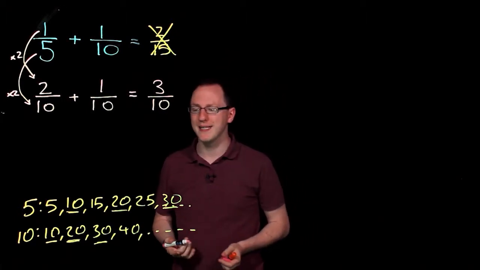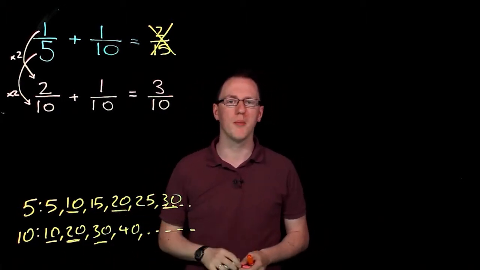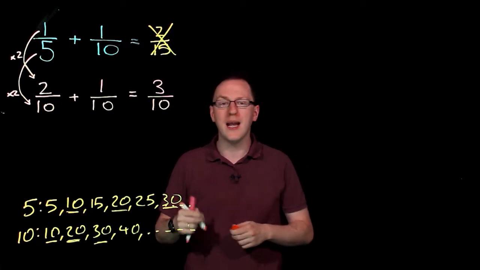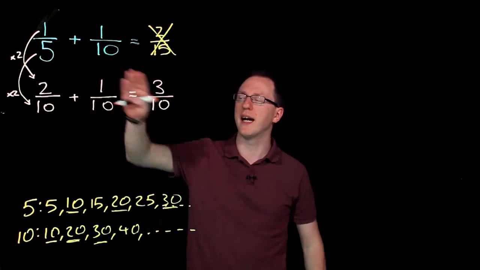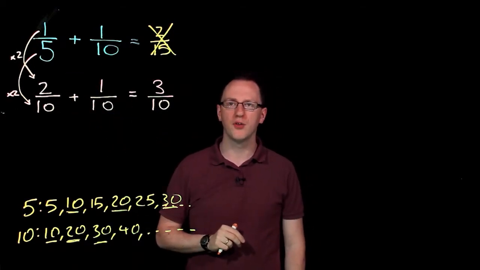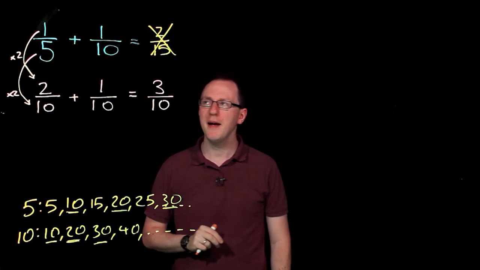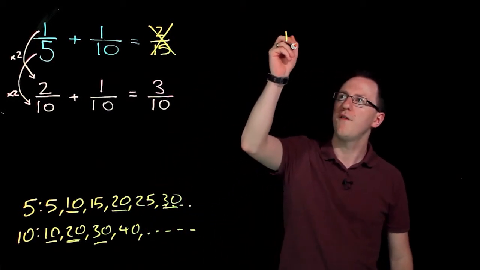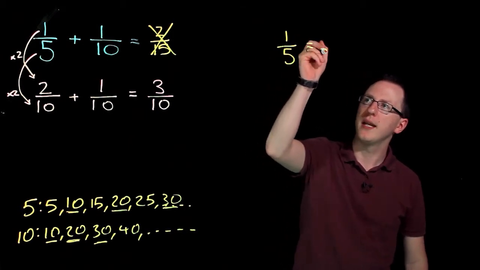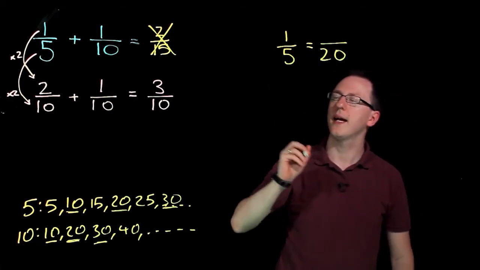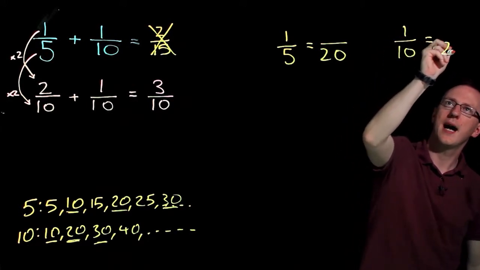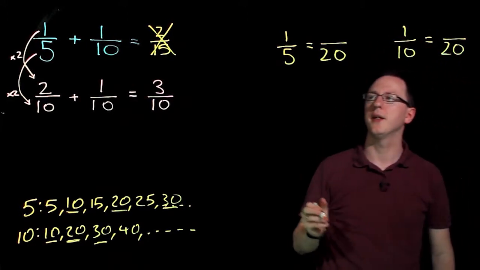But what if I'd missed the fact that 10 was the lowest common multiple? What if instead I had taken 20 and changed both of these fractions to have a denominator of 20? Let me have a look at that over here. So I want to change 1/5 into 20ths, and I want to change 1/10 into 20ths, and then I want to add those two results together.